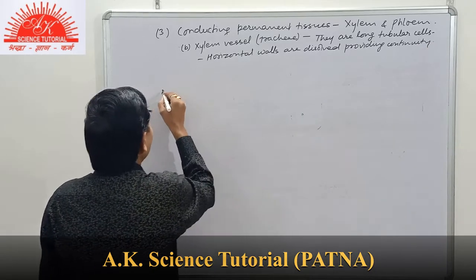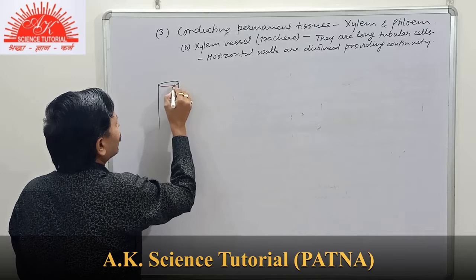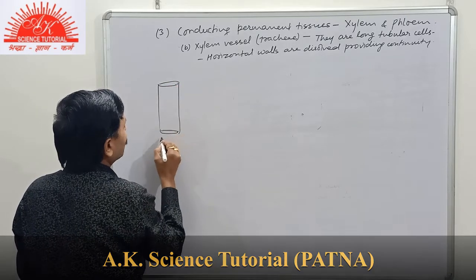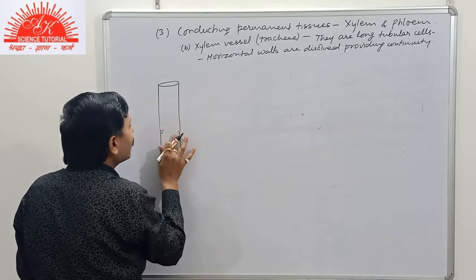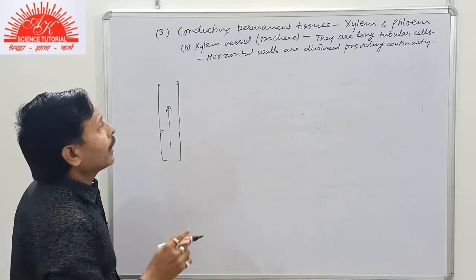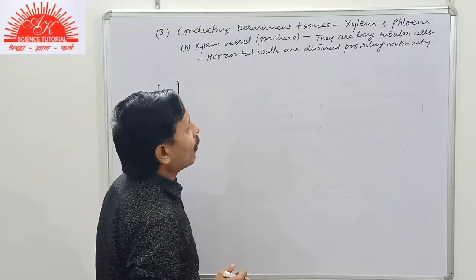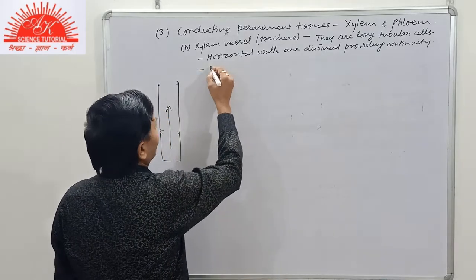Suppose there is a tubular cell and it has a horizontal wall like this; if it is dissolved, it will have a continuous passage. So its horizontal walls are dissolved and provide continuity for the transport of material.